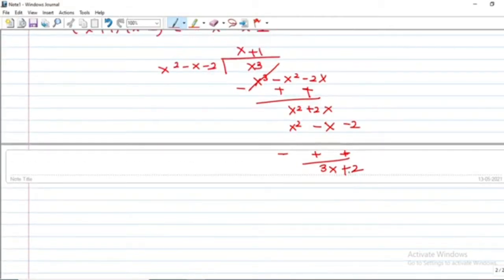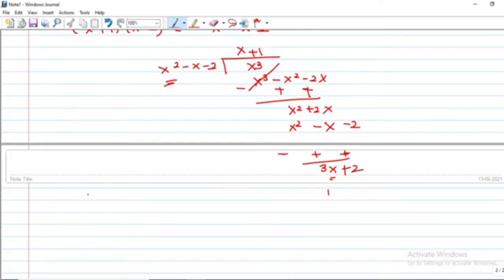Do we proceed after this? No. Now you can see that we cannot continue. Here the first term is x and here it is x square. If we take 1 also, it will be x square. So we cannot create x from this x square, so we will stop our division here.